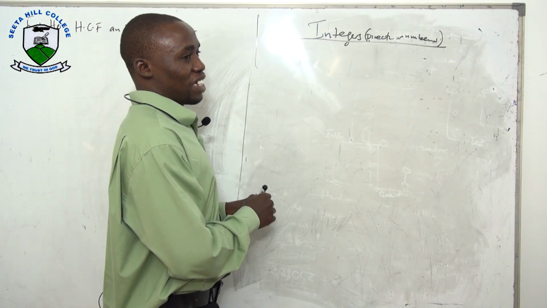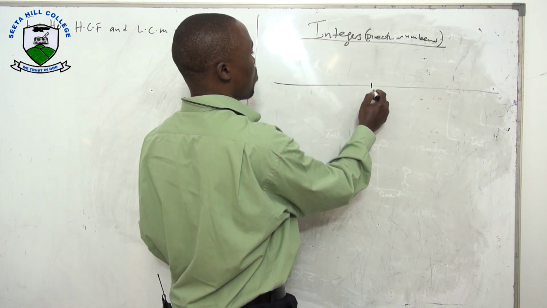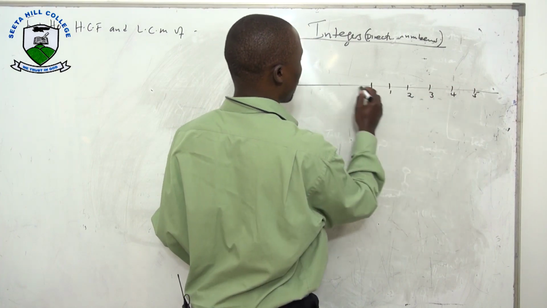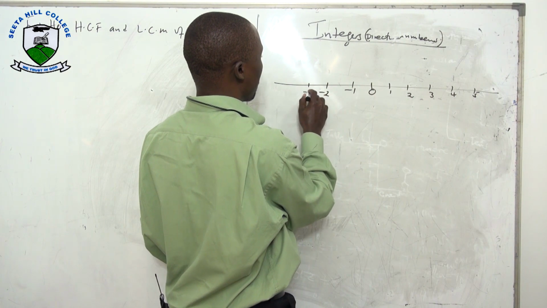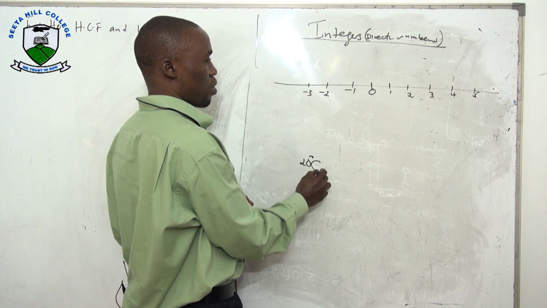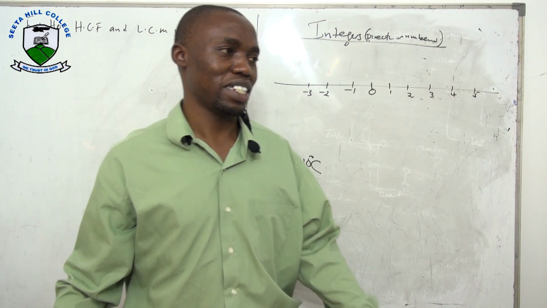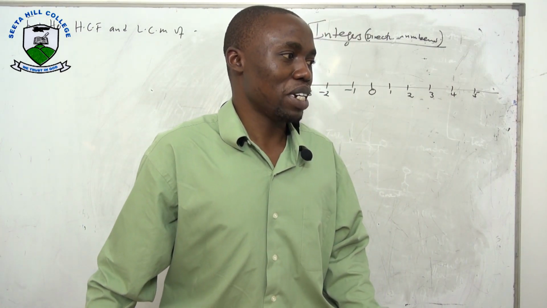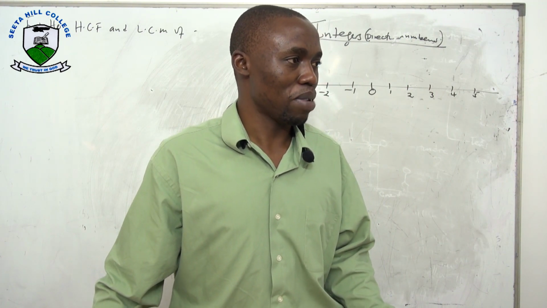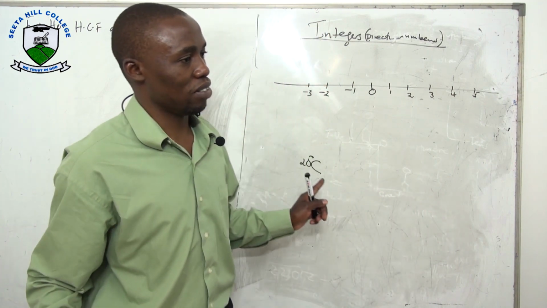Now, that means we realize that we have both negative numbers and positive numbers. Remember, originally the numbers that were used were positives, then scientists began to think otherwise: if a thermometer is reading 20 degrees right now, and tomorrow the temperature falls by 40, what will it be reading? It will be indicating negative.